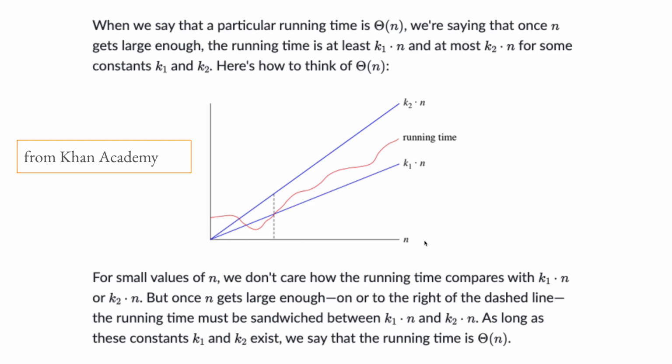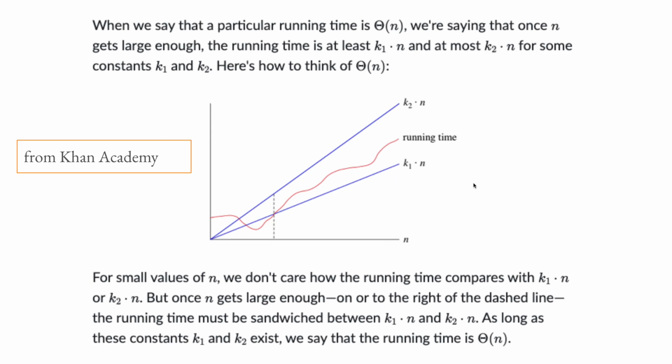So here's n, and here's our actual running time performance, and it's bound with an upper bound of some constant times n and a lower bound of some other constant times n.